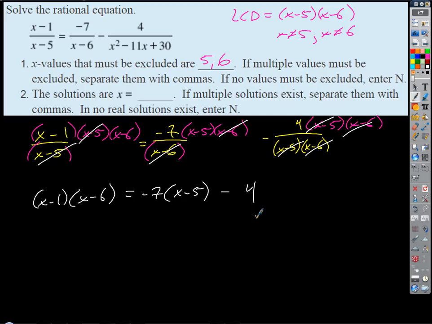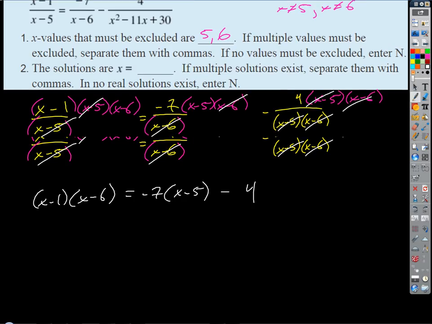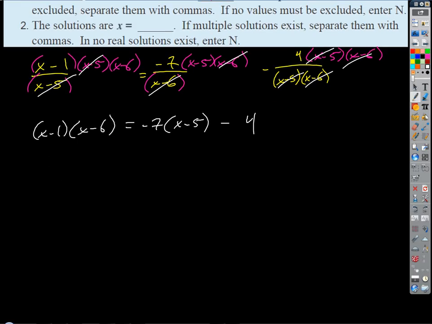And now I'm just going to solve that equation. I've got to multiply everything out and put it all on one side, set it all equal to 0, right? And then I can either factor it or use the quadratic formula, right? So over here, if I distribute the x through, I'm going to get x squared minus 6x.